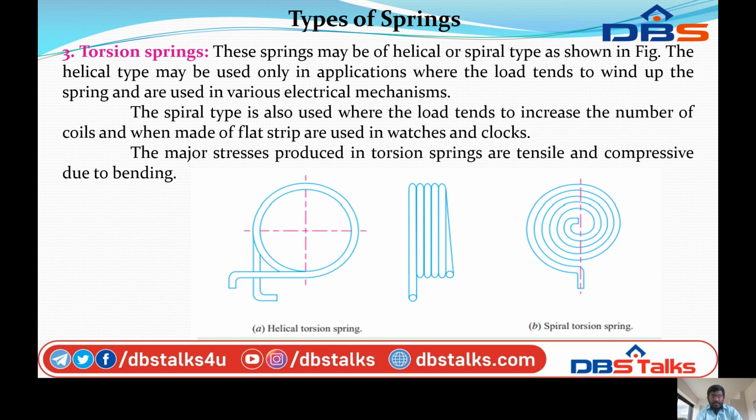This is the top view and this is the side view of the helical torsion spring, and the spiral torsion spring is used in watches and clocks and flat strips. With the load tending to increase the number of coils, it is made of flat strip and used for watches and clocks. The major stresses produced in torsion springs are tensile and compressive due to bending.